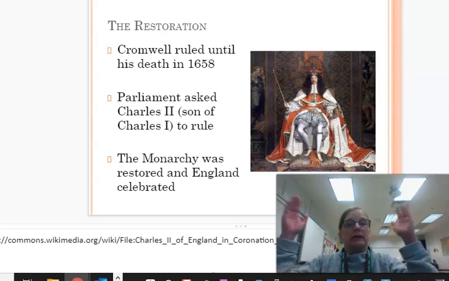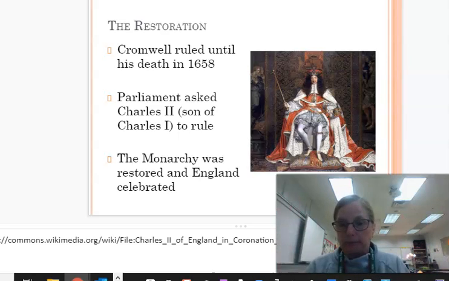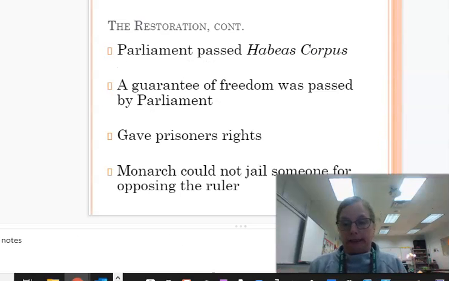Now we get our next event, the Restoration. They say, wait, Charles I has a son. Charles II, he's living in France. Let's bring him back. The monarch is restored. Yay! Everybody's happy. The monarch comes back, but he has to agree to rule by the Petition of Right.